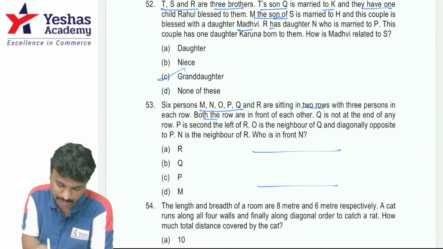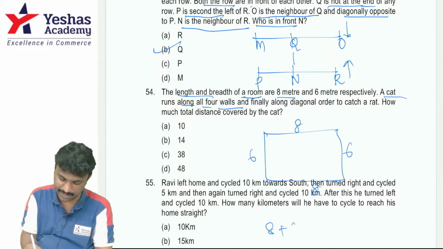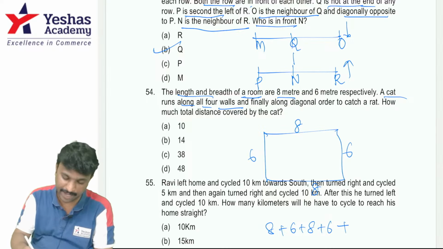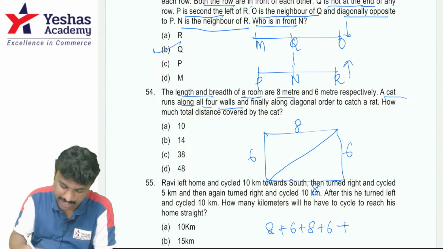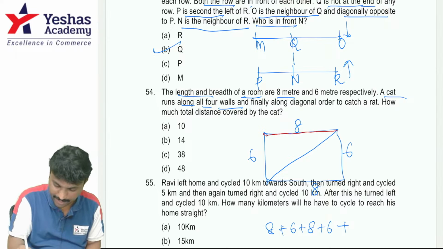The length and breadth of the room are 8 meters and 6 meters. A cat runs along all the four walls and finally along the diagonal. So it runs along all the four walls means 8 plus 6 plus 8 plus 6, plus the diagonal. So what is this diagonal distance? If you look at this, it's a right angle triangle.